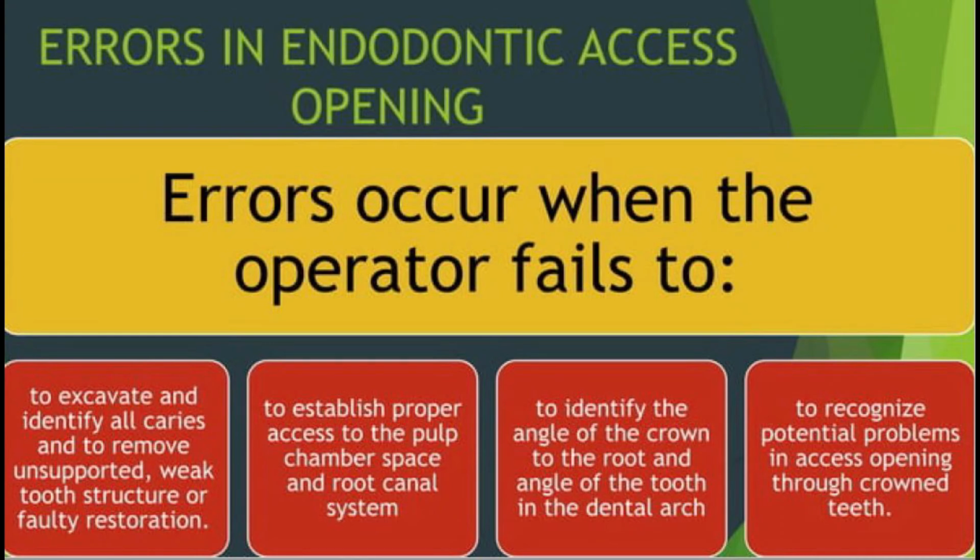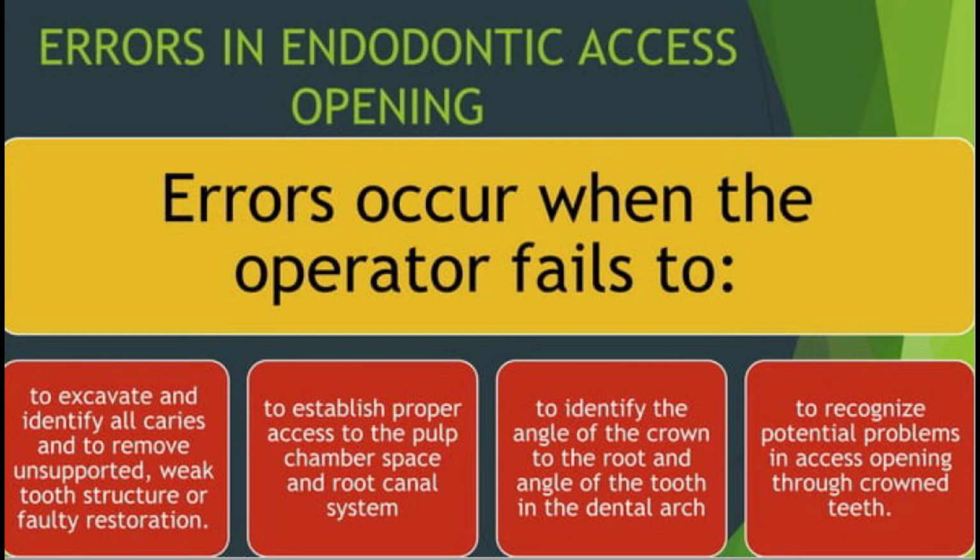There may be a few errors in endodontic access openings. Errors occur when the operator fails to excavate and identify all the caries, and to remove unsupported weak tooth structure or faulty restoration.